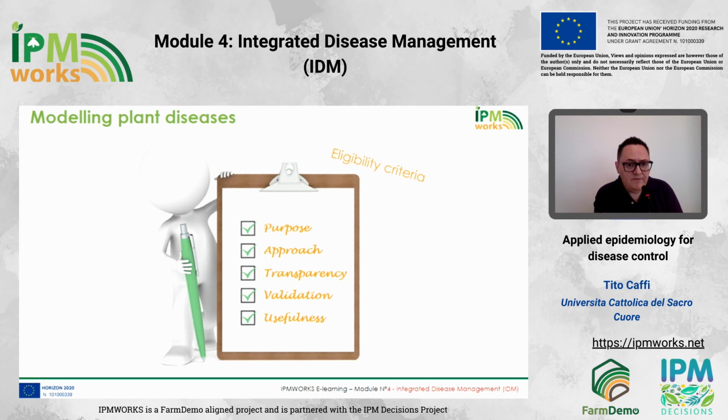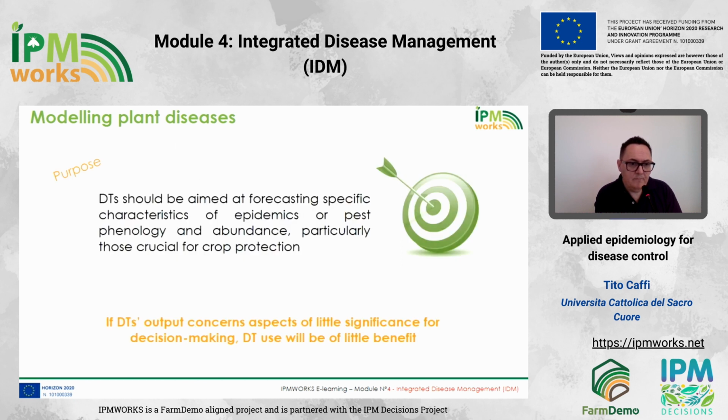We drafted 5 different eligibility criteria, from the purpose to the approach, the level of transparency of the decision support system, if and how it was validated, and the judgment of utility.